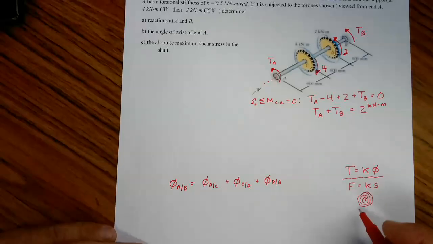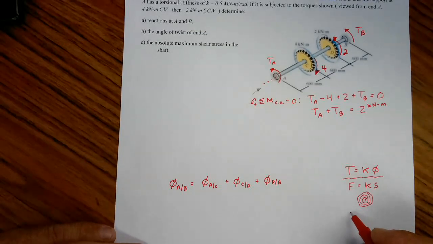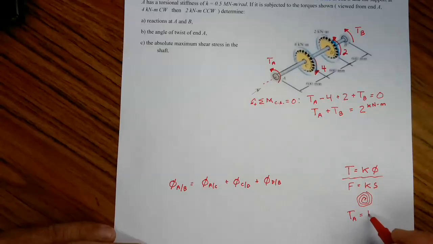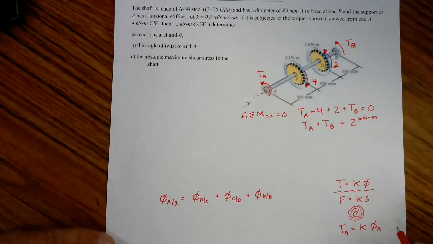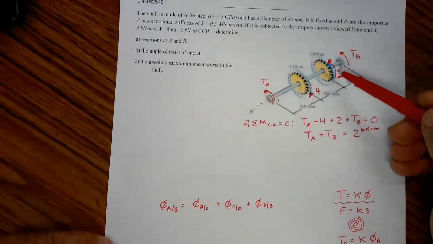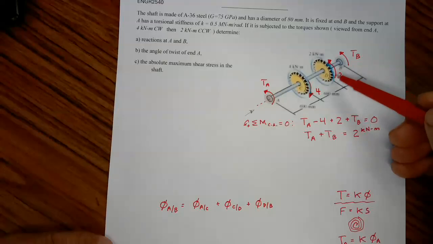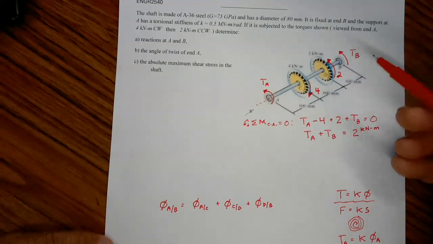And so with that in mind, the torque at A is equal to K times the angle of twist of A. That angle of twist is its total angle of twist with respect to some fixed reference. And so we have B on the other side of the assembly that's fixed.